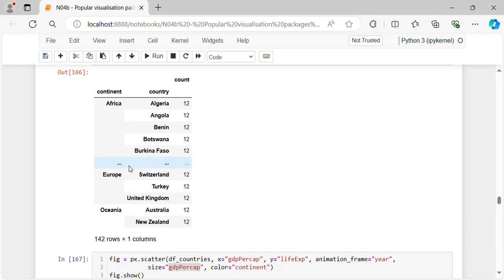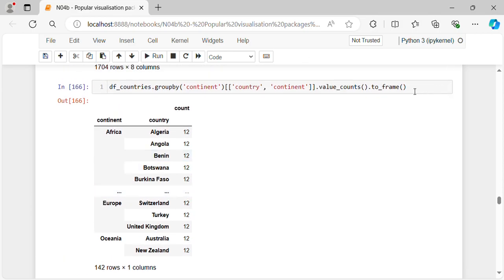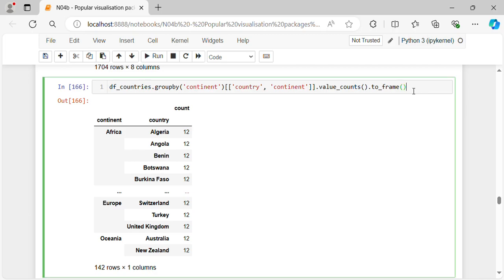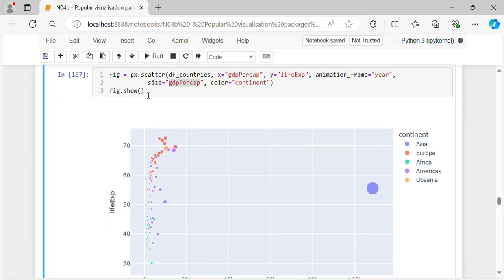And let's see, and then we want to pull out the continent Asia, continent. Let's run this. This should give all the continents.